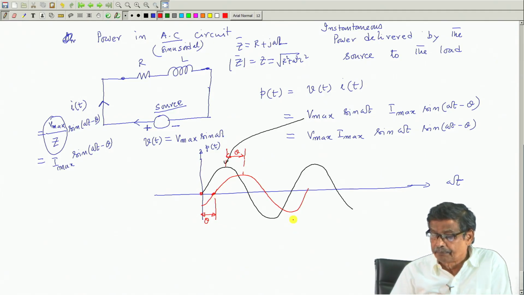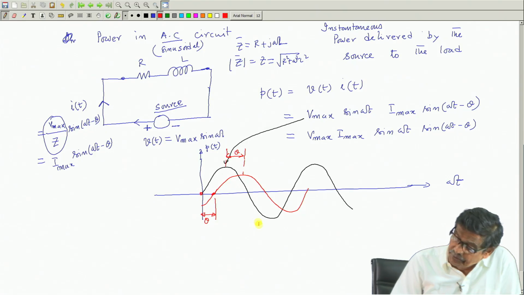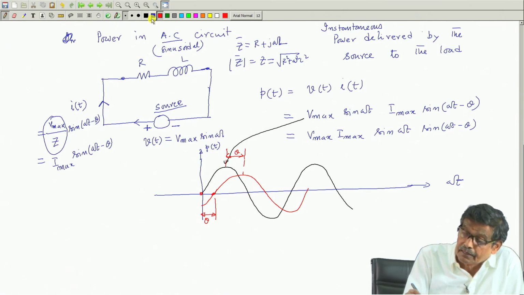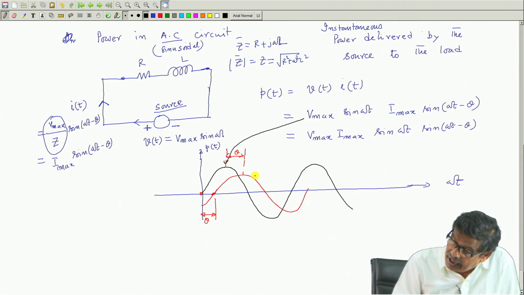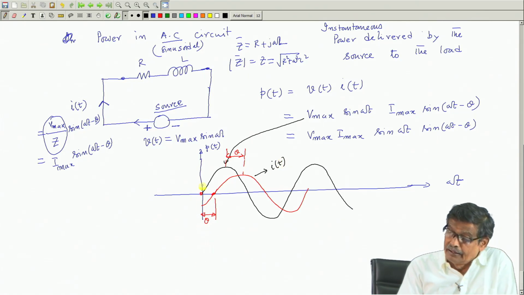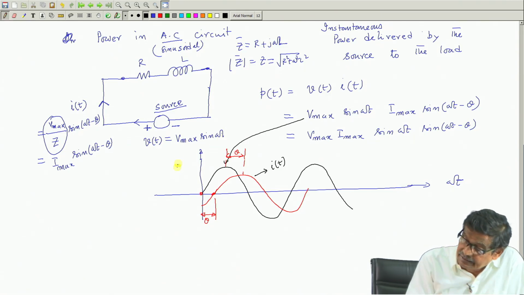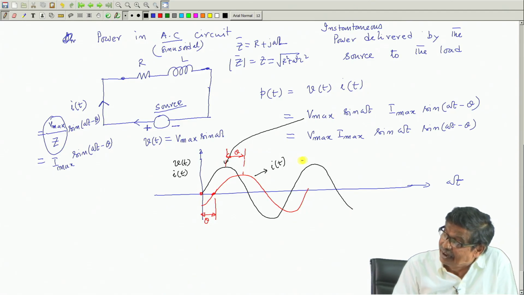So, this is voltage and this is the current I t. What is I t? I t is equal to I max sin omega t minus theta.